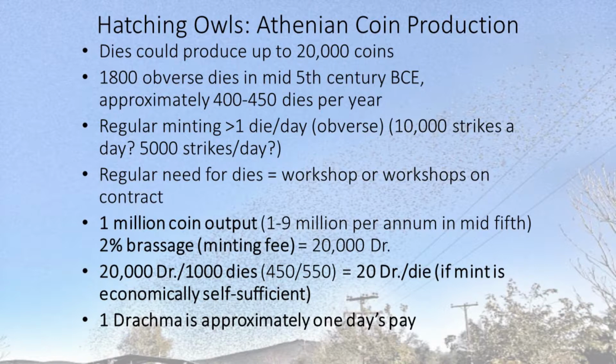Now, just for a sense of scale, 1 drachma is about 1 day's wage, which is not to say that it took 20 days to carve each die, but each workshop must have been paid about 20 days' labor to produce the die.